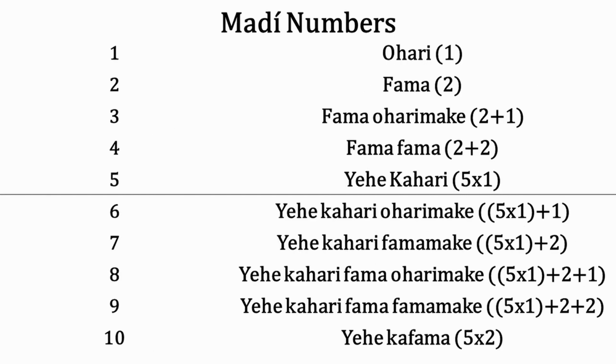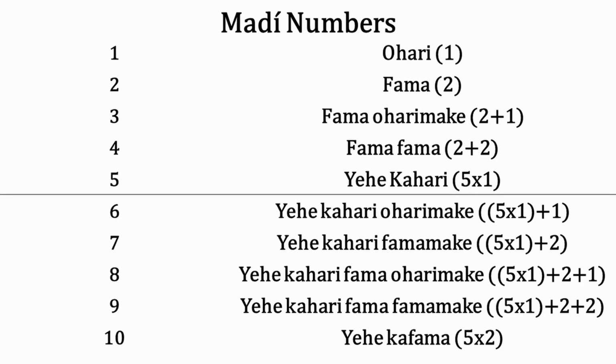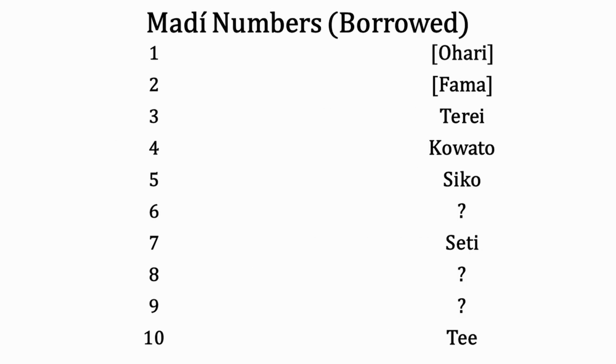The native numerals of the Madi language, which I recently made a video on, are base 2 up to 5, then base 5 at least up to 10. However, in addition to these native numerals, Madi, as well as many other languages, uses a second set of numerals.